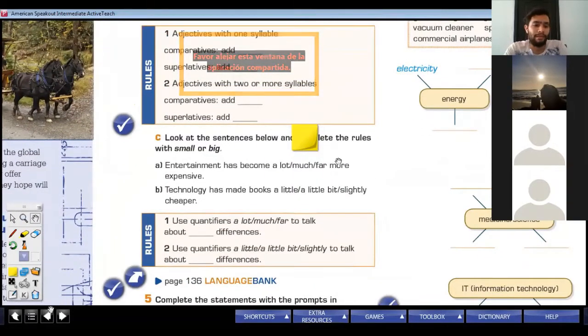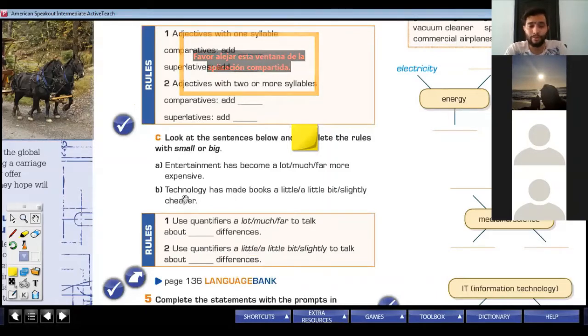Now, take a look. Let me just, hang on. All right. Look at the sentences below and complete the rules with small or big. These are the rules below. We use quantifiers like a lot, much, or far to talk about differences, and the quantifiers a little, a little bit, and slightly to talk about differences too.